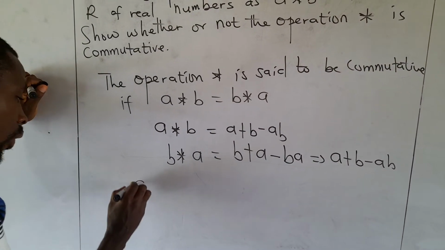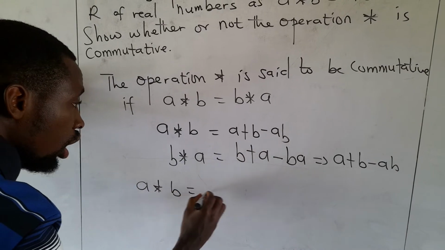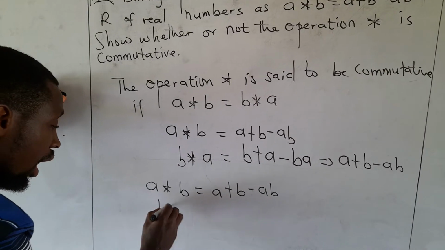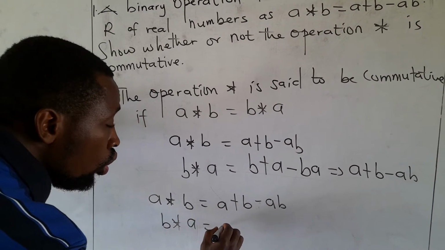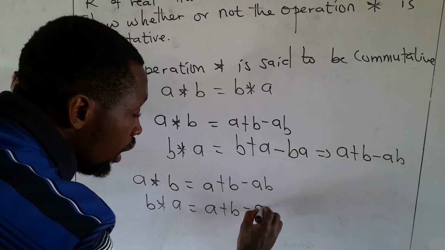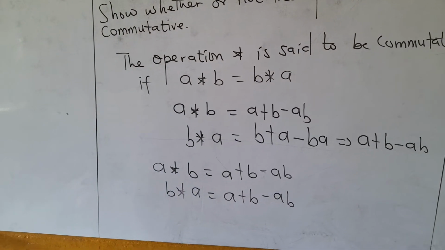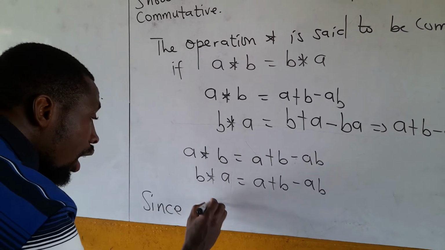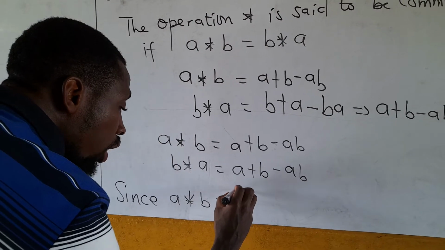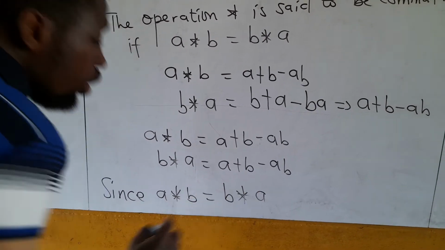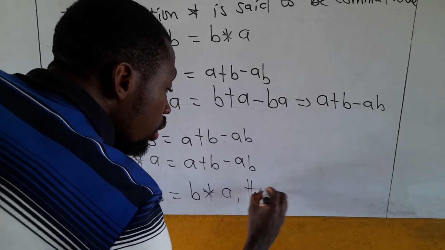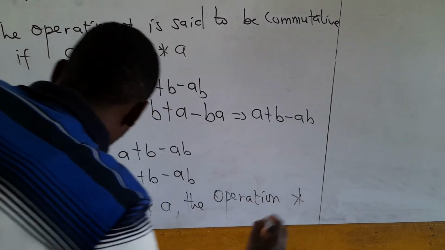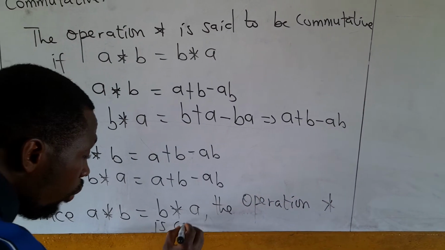So you realize that A star B is equal to A plus B minus AB, and B star A is also equal to A plus B minus AB. Then we can conclude that since A star B is equal to B star A, the operation star is commutative.